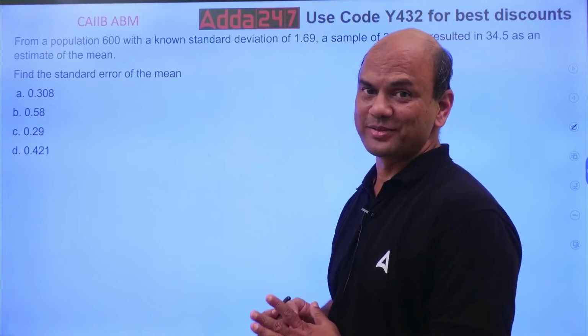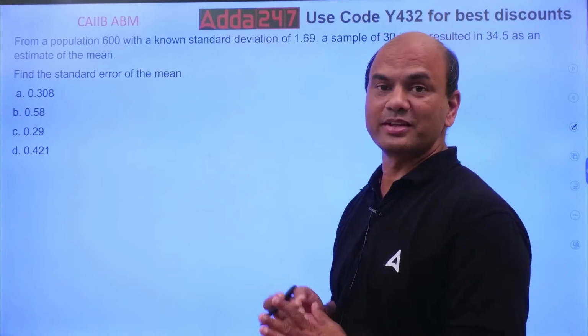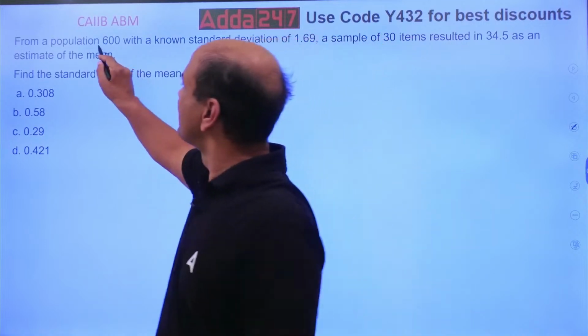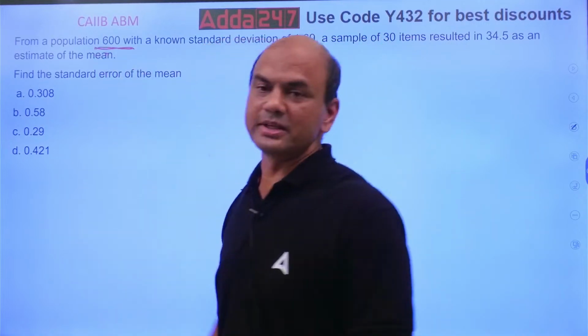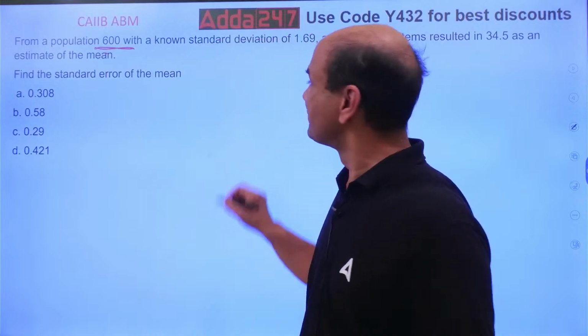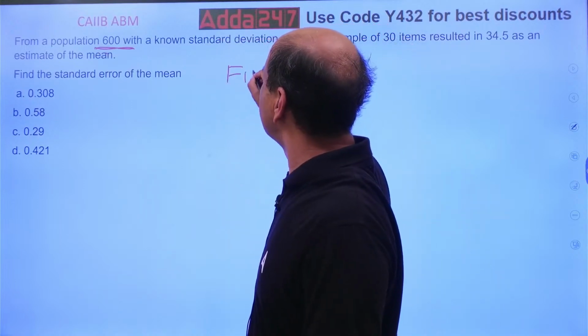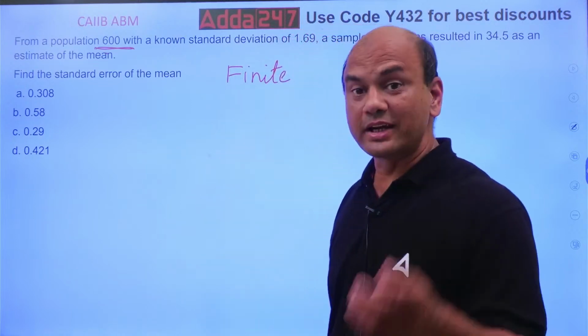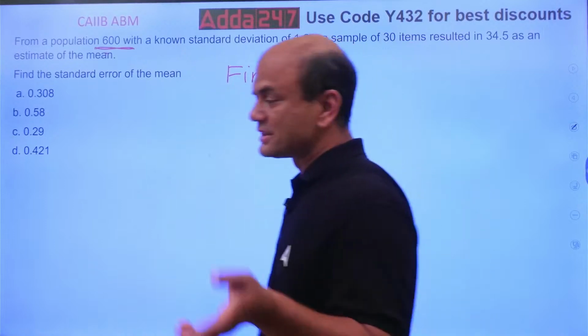Now look at this. What is the problem? See here, the population is known, 600. So known population means finite population. This problem is of finite population.